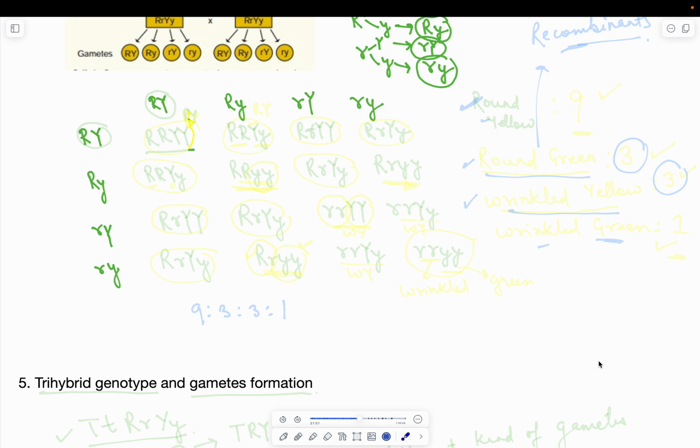Now, if this gamete fuses with this male gamete, the zygote will be homozygous dominant. The next zygote will be this kind, right? So I'll draw all the possible genotypes here.